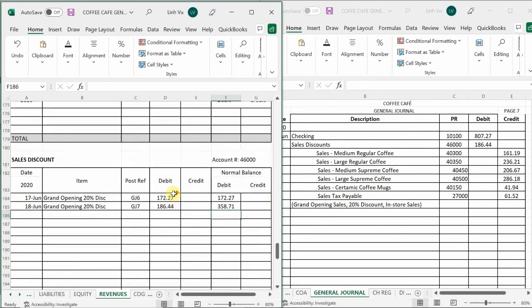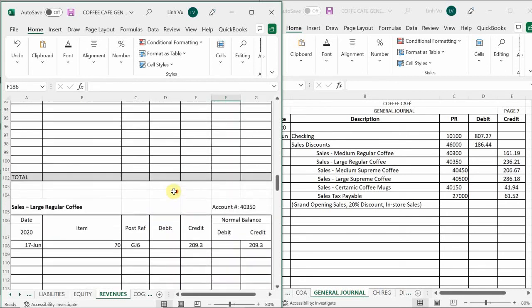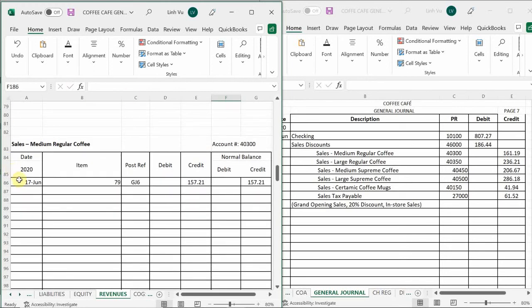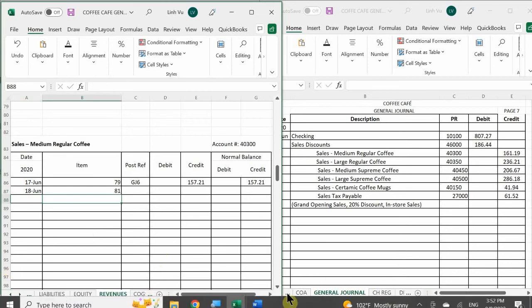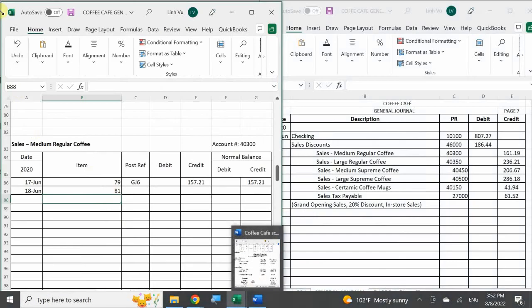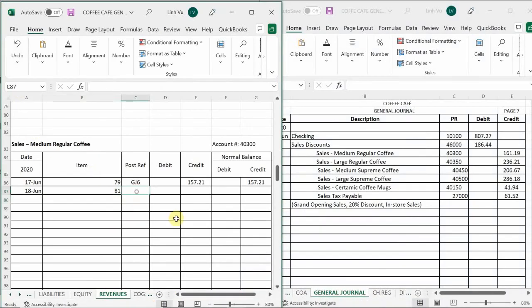Okay, then we go to sales medium regular coffee. We sold 81, wasn't it? Let's double check. Yes, we sold 81 of the regular medium coffees.